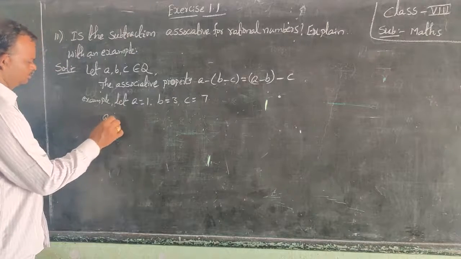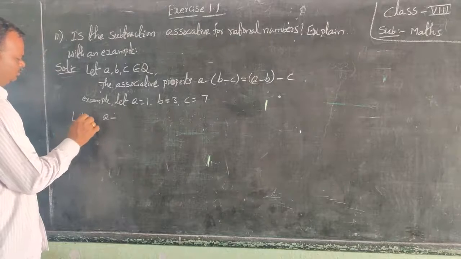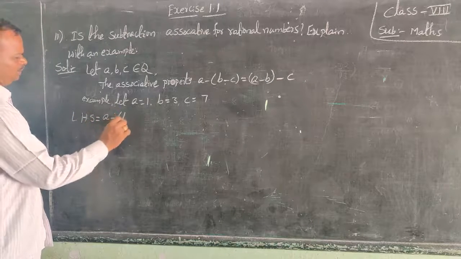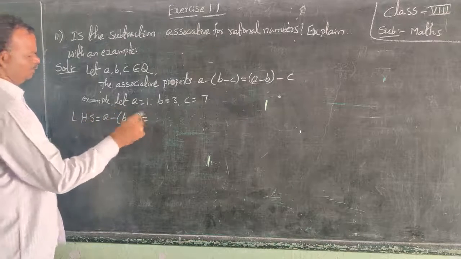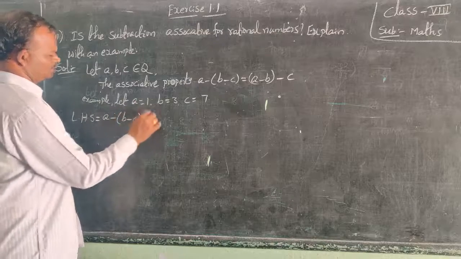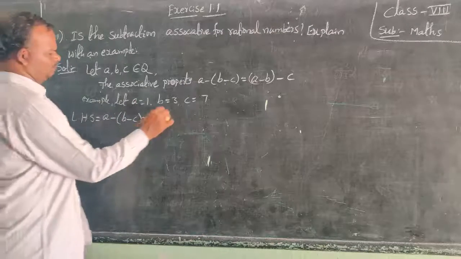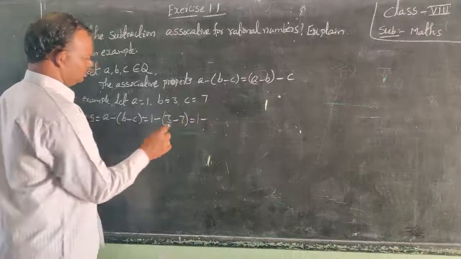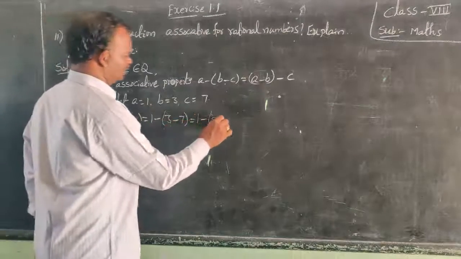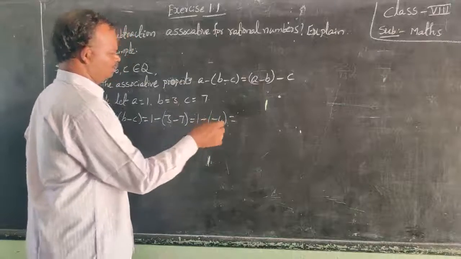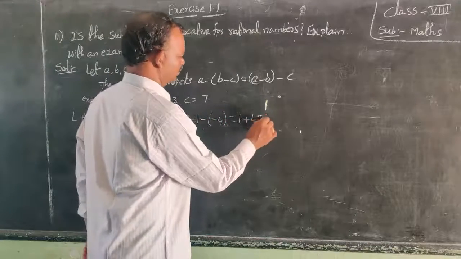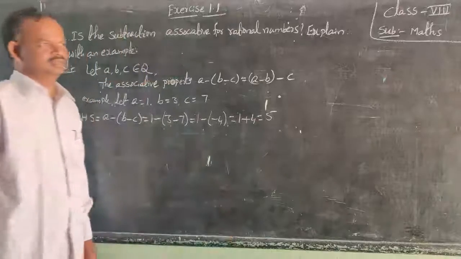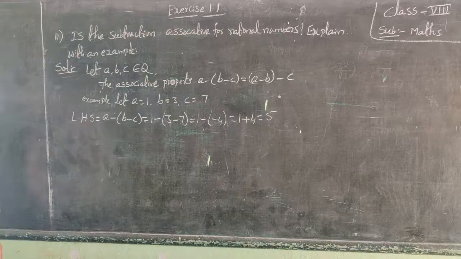LHS value, A minus B minus C, substituting the values: 1 minus 3 minus 7. 1 minus 3 is minus 4, minus 7, minus into minus is plus, so 1 plus 4, which is equal to 5.